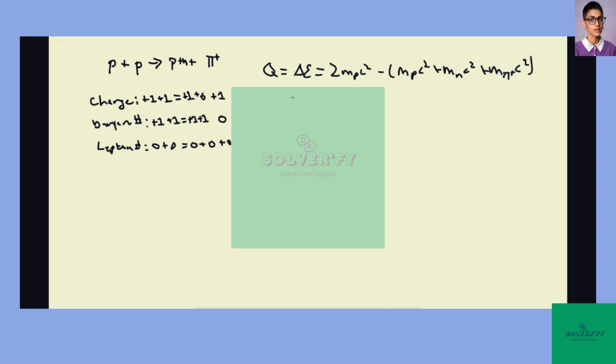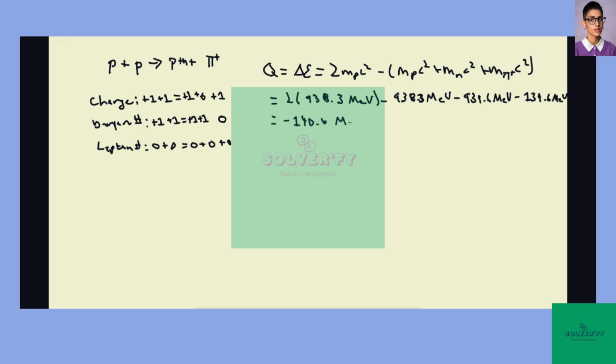All right, so let's plug in these numbers. 2 times 938.3 MeV minus 938.3 MeV minus 939.6 MeV minus 139.6 MeV.